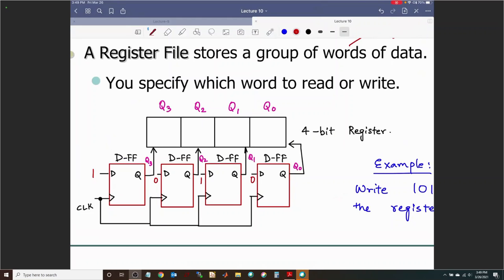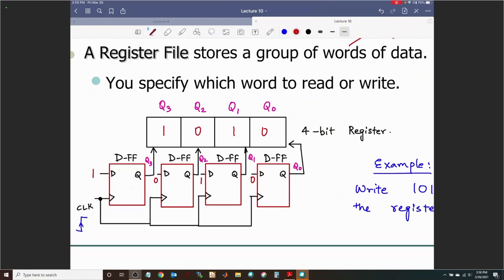Once I have set those values of D's and made them stable, making sure I follow the setup and hold time requirements, I look for the positive edge on the clock. As soon as all these flip-flops see a positive edge on the clock at the same time, since they are synchronous, they load 4 bits in parallel into the register, making this 1010.